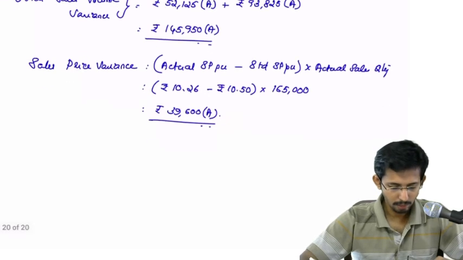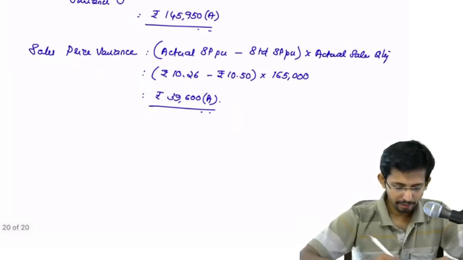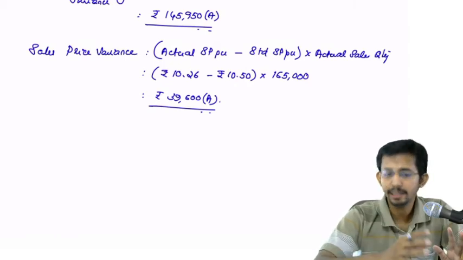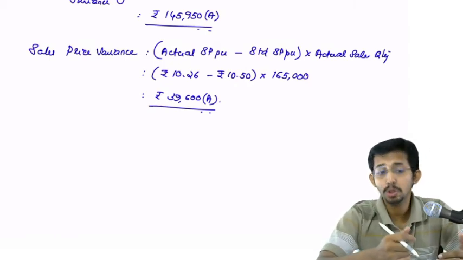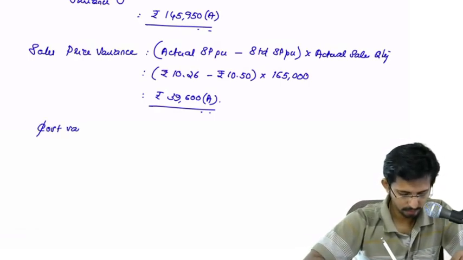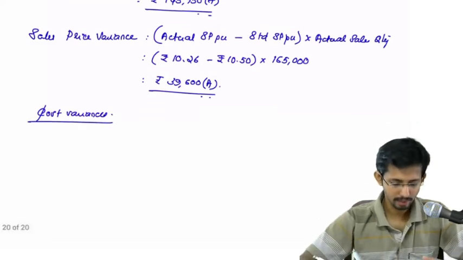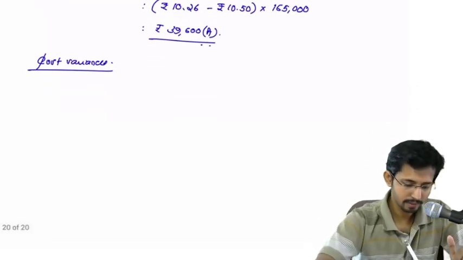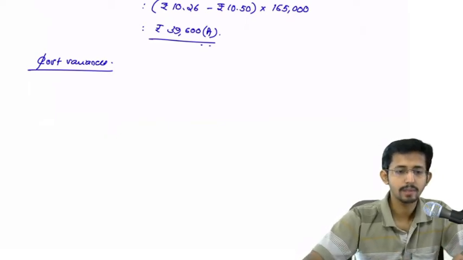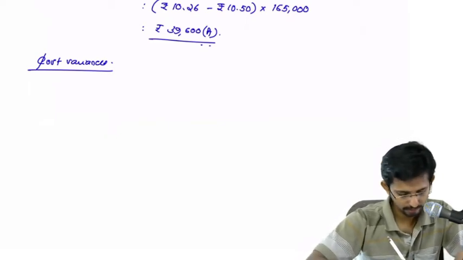Okay. Now we have done with the sales variances. Now you have to come to the cost variances. In cost variances, the first variance is variable cost variance.